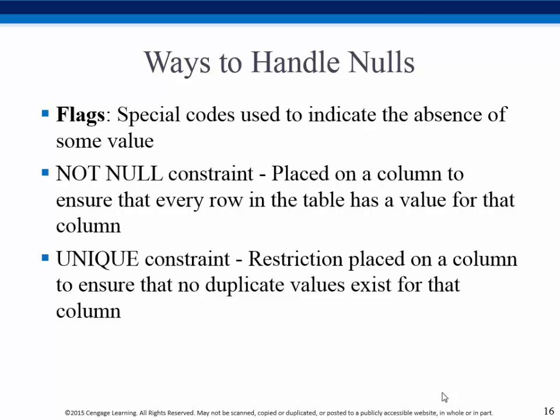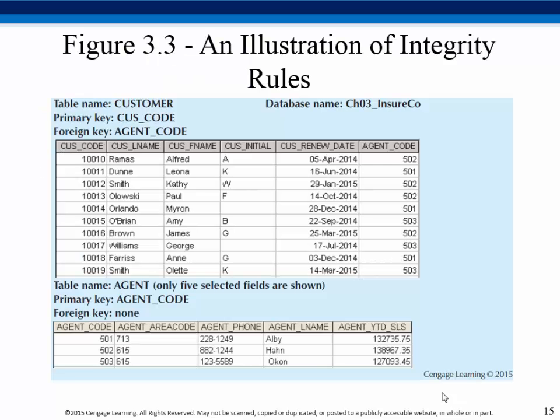So if you looked at this table again, if you wanted to delete, let's say 502 in your agent table, you would have to go back in your customer table and give it some kind of code, say 99, for everybody that uses agent 502, so that they would know that agent no longer exists and there's not an agent assigned to those customers.